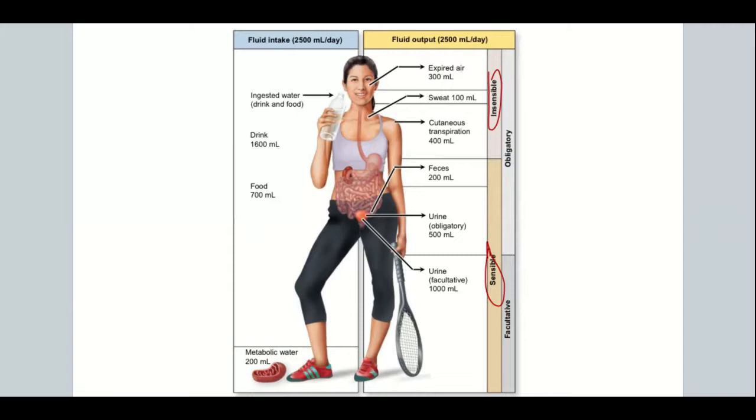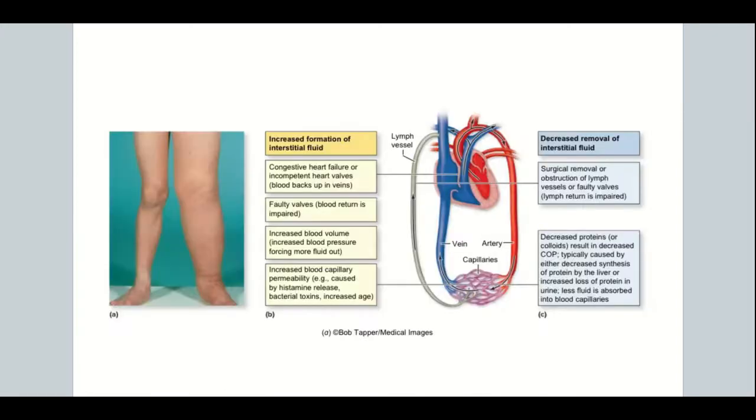Now, the last thing about the fluid, well, it's kind of an imbalance. It's fluid sequestration. Fluid sequestration is where you have normal fluid volume in your body, but it's not distributed properly for various reasons. And you can actually see that here.